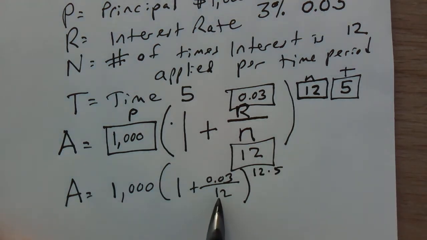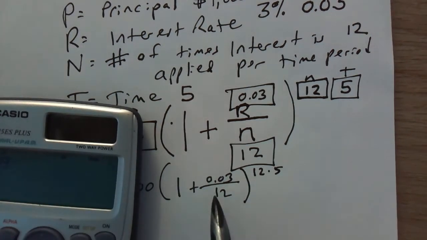Our order of operations: let's take care of the inside first. Before we do any of that, we remember our order of operations starts with parentheses, so we're going to do this first. We have addition and we have division.